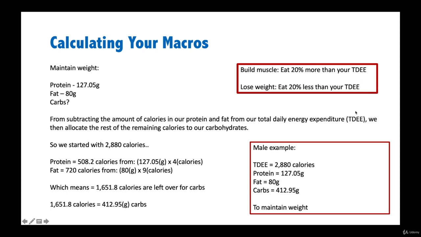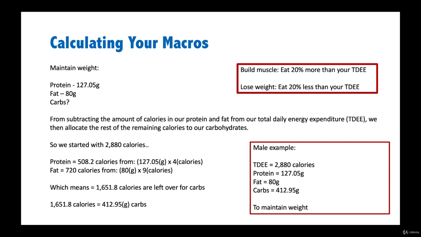If you keep eating 20% less than your total daily energy expenditure, it's going to realize that it needs to slow its metabolism down in order to function properly, meaning that over time it'll adapt and your progress will slow down.